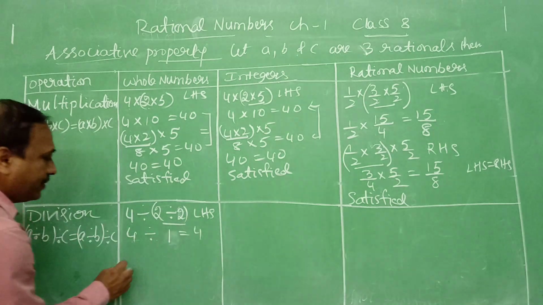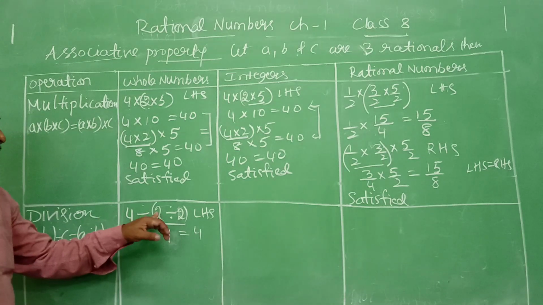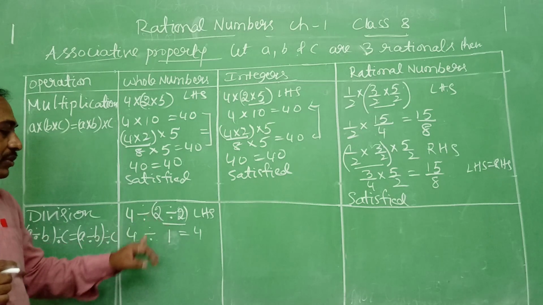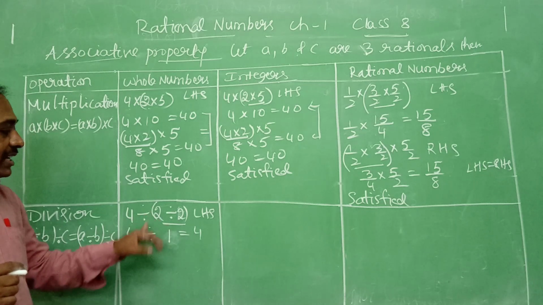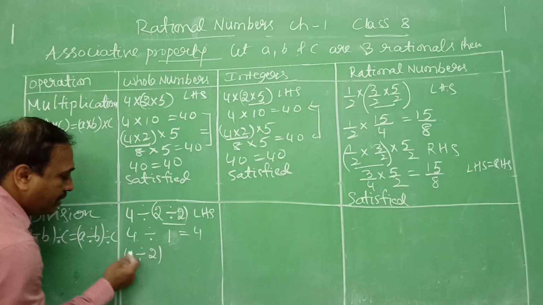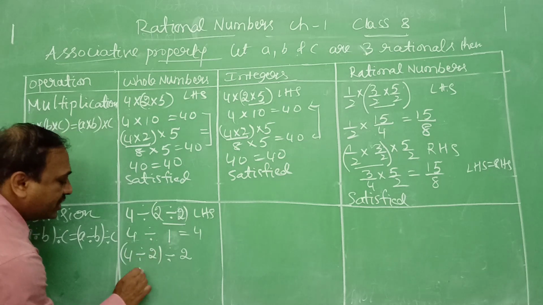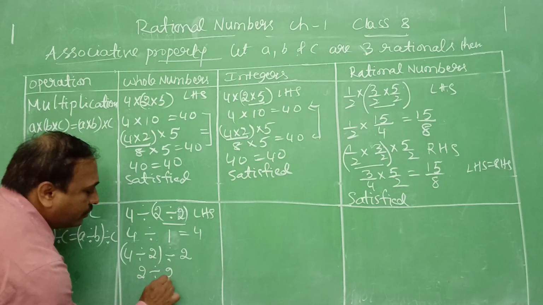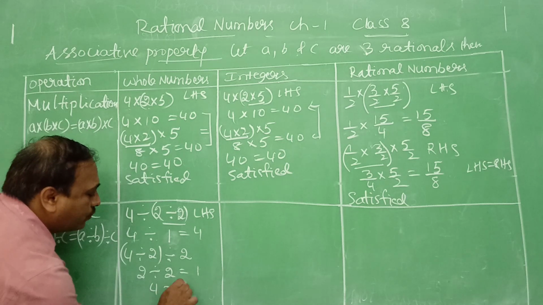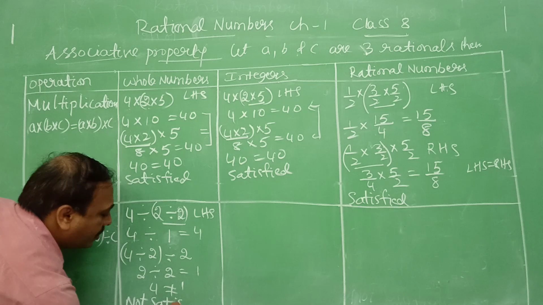Change the bracket, 4 divided by 2, which will give you 4 divided by 2 is 2, 2 divided by 2, which will give you 1. So 4 is not equal to 1, so not satisfied.